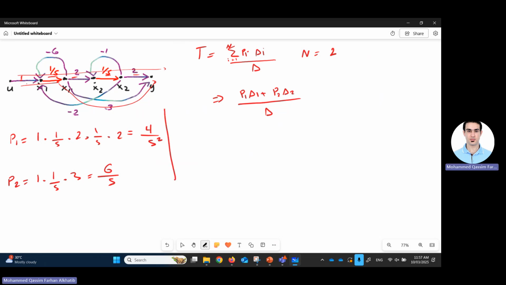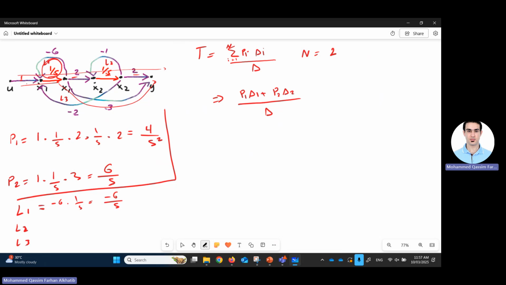Now, before identifying delta 1 and delta 2, we need to find the loops. So first loop, second loop, and third loop. So let's assume this is L1, this is L2, and this is L3. So the gain of the loops is just multiply these branches in this circle. So I have 1 over s times negative 6. So it's going to be negative 6 over s. That's the first loop.